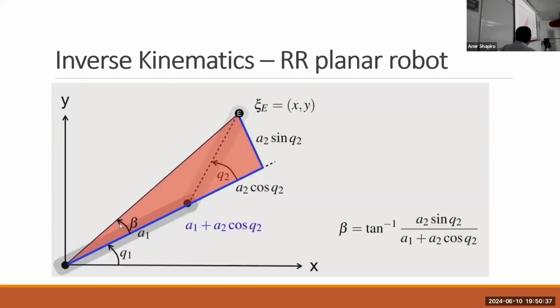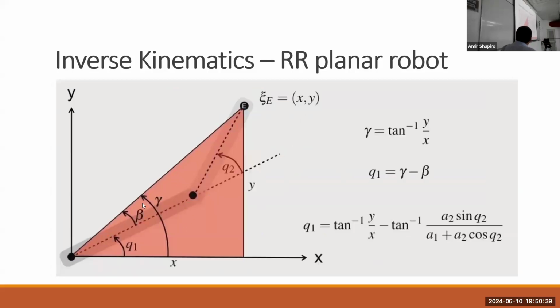If we have beta, then you see from this big red triangle, we can find gamma, which is the arctangent of y over x. And then Q1 would be gamma minus beta, and beta we already computed here. So this is Q1.